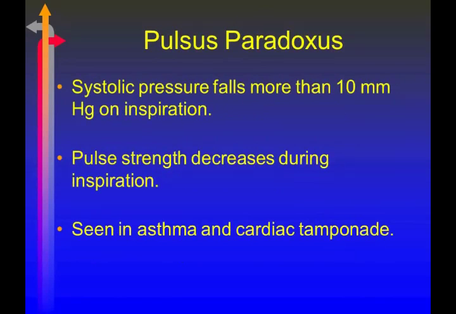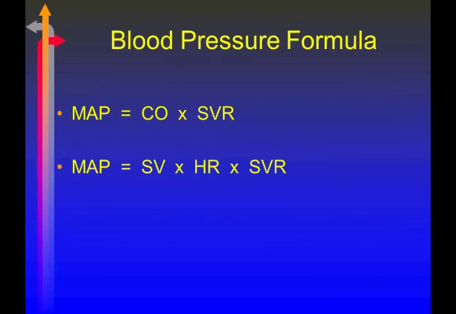Pulsus paradoxus is a change of more than 10 millimeters of mercury between the systolic during inspiration versus the systolic during expiration. You can also assess it simply by the pulse strength changing. Usually it's a sign of some kind of increased pressure within the chest, as you would see in status asthmaticus or cardiac tamponade.